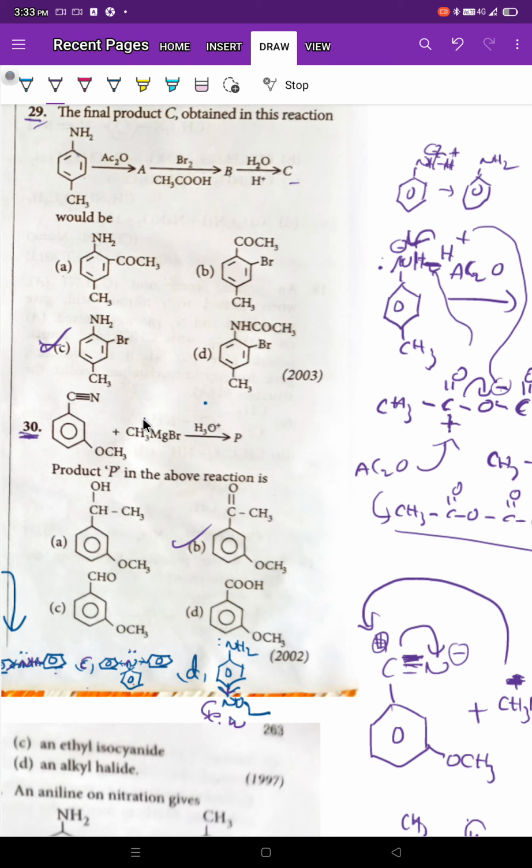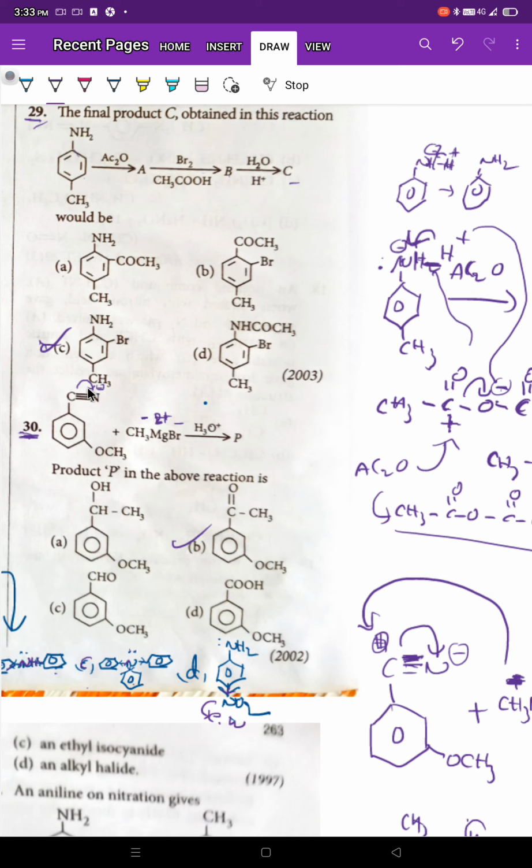CH3MgBr is broken into CH3 minus and MgBr plus. Then you may remember how these can attach with this. Let us see. The lone pair of electrons on nitrogen moves like this, minus.